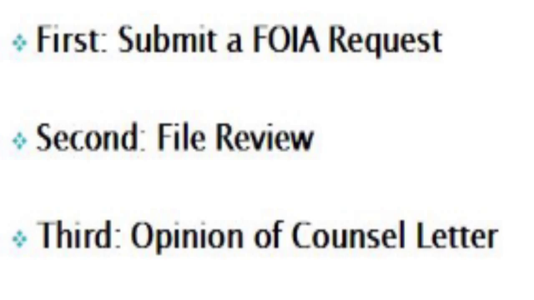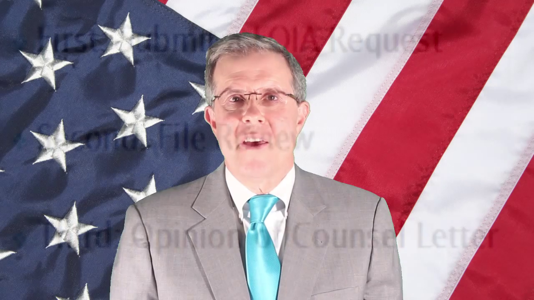After reviewing the file and finding things, the attorney will write you 2 or 3 pages in the opinion of counsel letter saying, we think your alternatives are A and B, and B is the better alternative. So please take my advice. If there's any complications in your immigration history, the smartest thing you can do is order a copy of your immigration file.